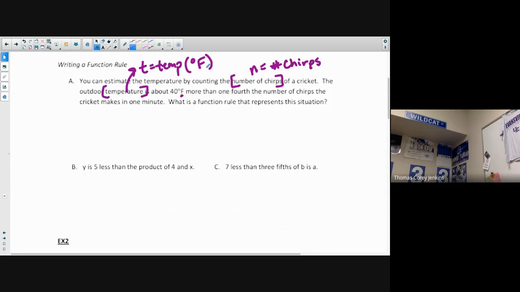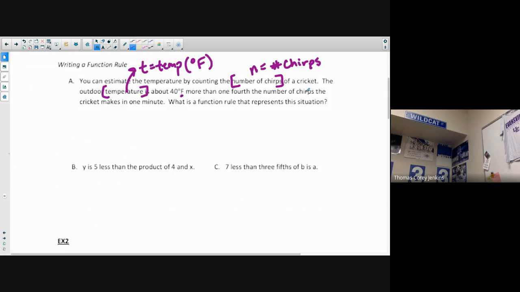Then you have to figure out which one is my input and which one is my output. Which one depends on the other? In this scenario, we want to write it like T, the temperature, is determined by the number of chirps. Right here is where it tells you: the outdoor temperature is about 40 more than 1/4 the number of chirps.